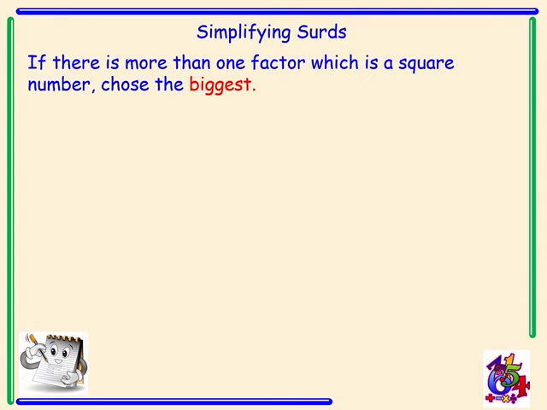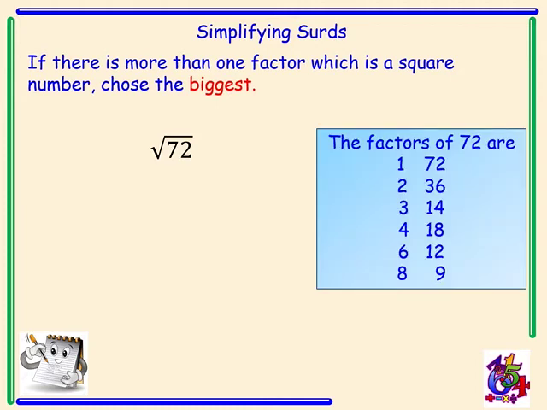Next example here, if there is more than one factor which is square, we need to choose the biggest to fully simplify. So here we've got root 72. You need to write all the factors of 72 at the side of your page, and we'll then look at all the pairs of factors which have a square number within it.